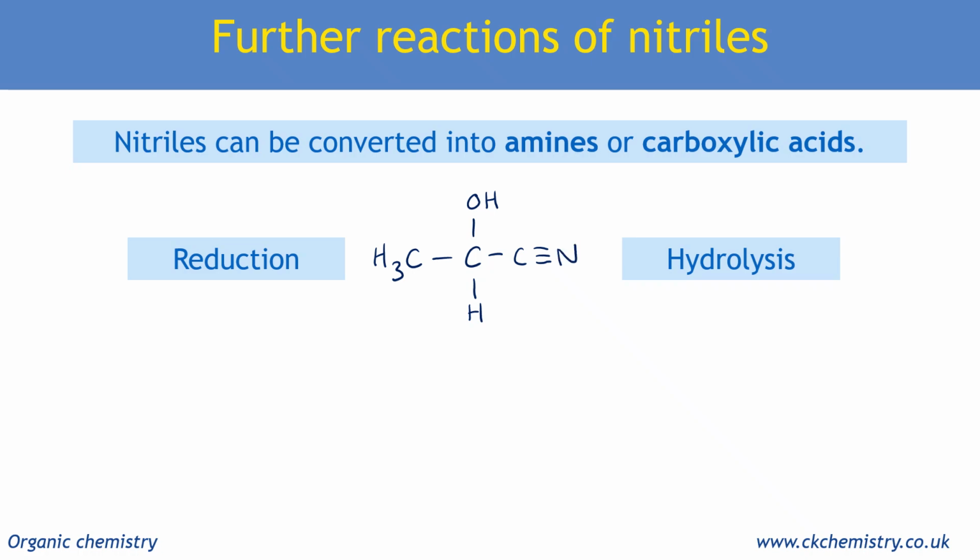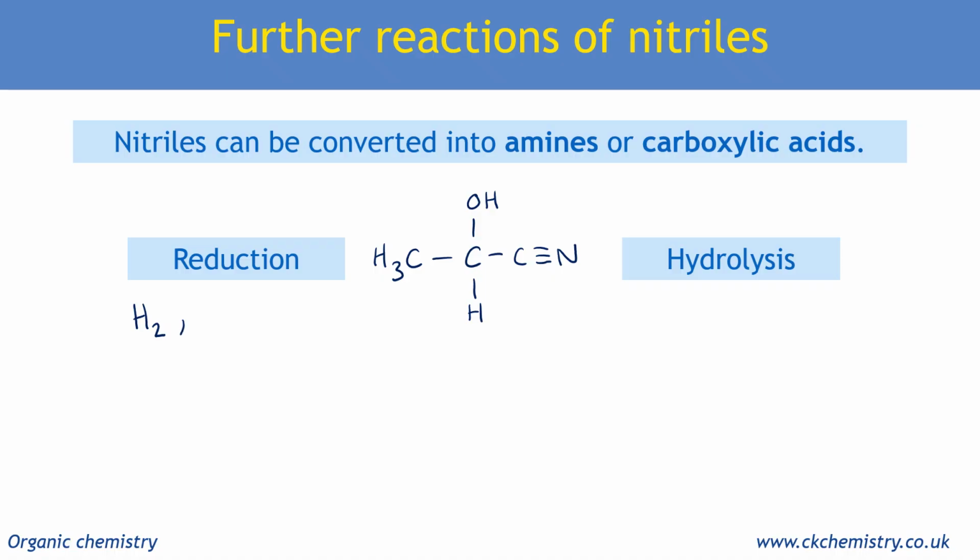So think about how we add to an alkene. We had hydrogen gas, and then what we end up with is we break the double bond and we end up with an H added across. How is this similar and how is this different? Well, reduction of nitriles, we still use hydrogen, H2.